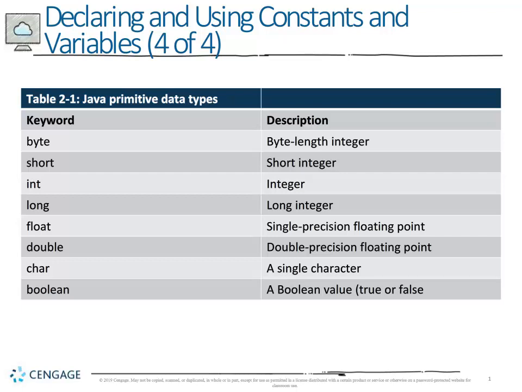We also have doubles. Those numbers are with decimal points. Char stores single characters, such as A or B. Character values are surrounded by single quotes. And booleans store values with two states, true or false. So it's similar to C++.